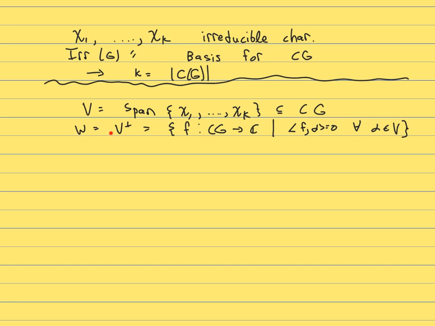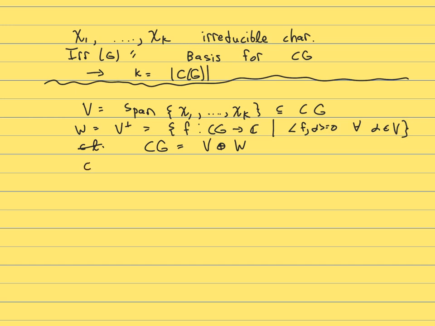But the point is, this is a thing that exists, and a fact that we need to know is that in general, for any inner product space, if you have a subspace, the overall vector space is equal to the direct sum of that subspace and its perpendicular subspace. That's one reason why we study perpendicular subspaces.